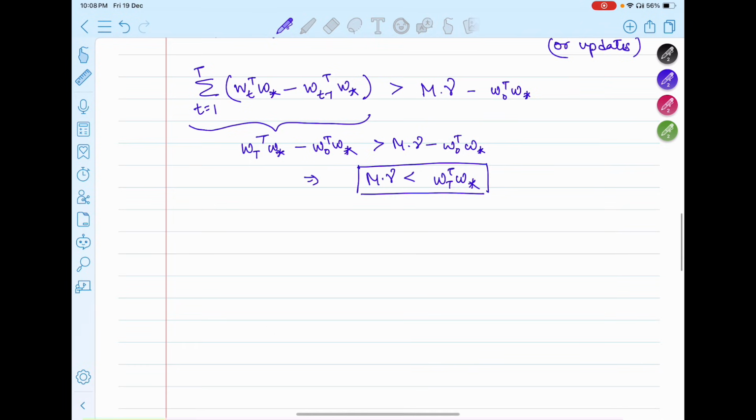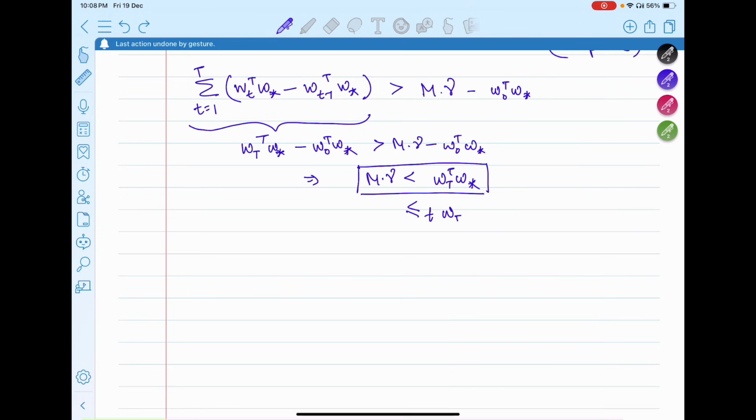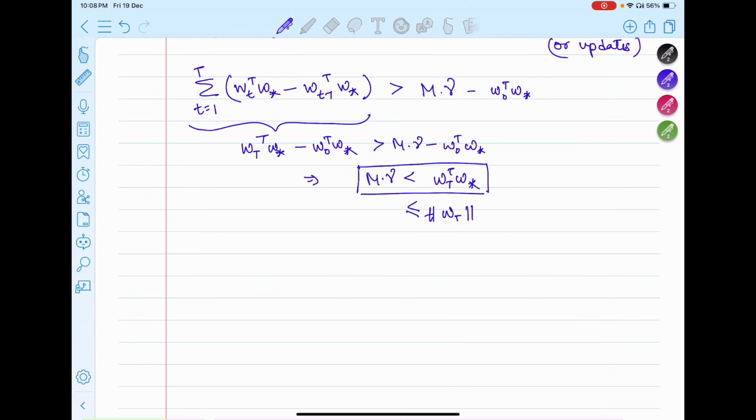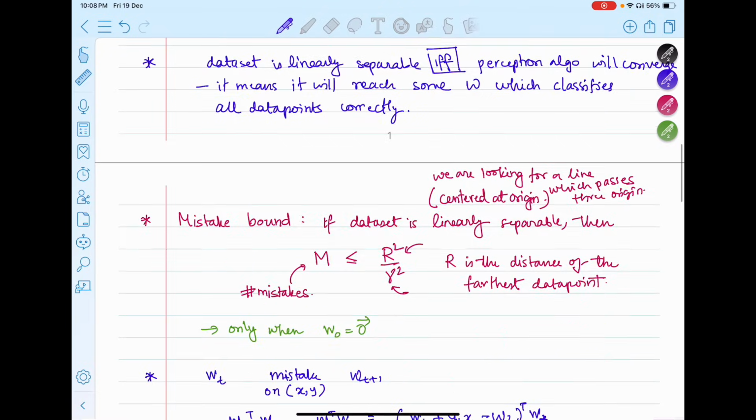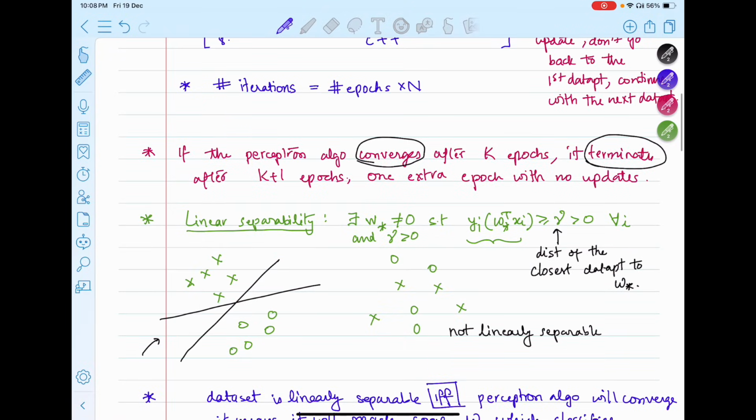Now, by using Cauchy-Schwarz, you can say that this is less than or equal to, doesn't matter much, WT norm, in fact norm 2, times W star norm 2. Now, what is our linear separability assumption?